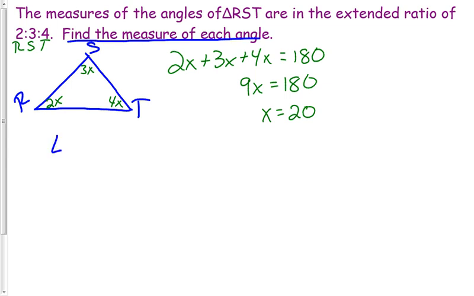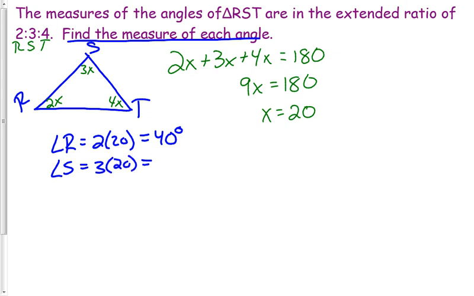So angle R equals 2 times 20 equals 40 degrees. Angle S is 3x, so 3 times 20, that one is 60 degrees. And angle T was 4x, is 4 times 20, so 80 degrees.